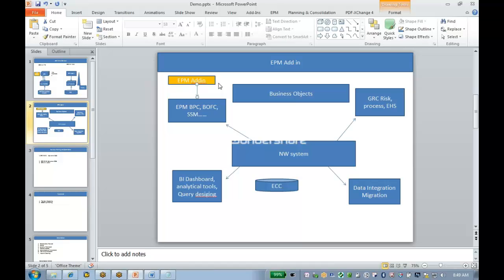MS Office, like Excel, PowerPoint, and Word, is part of this EPM add-in. Using the EPM add-in, I can connect to BPC, BOFC, SSM, and some other products. So the common interface for all EPM products is the EPM add-in, the Enterprise Performance Management add-in.